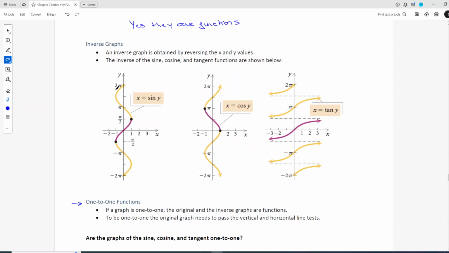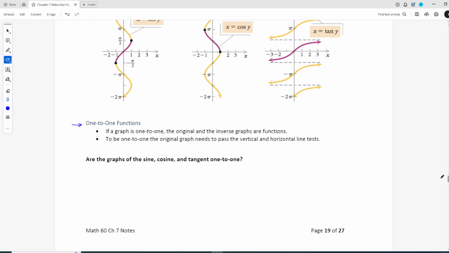We can also determine that by looking here and saying, I drew the inverses and they failed the vertical line test. So, are the graphs of sine, cosine, and tangent one-to-one? No. The inverse graphs are not functions.